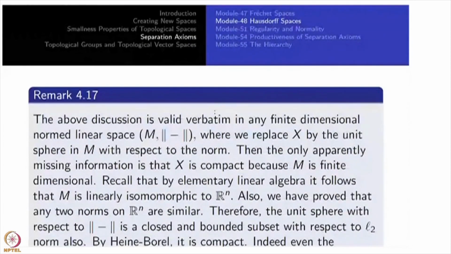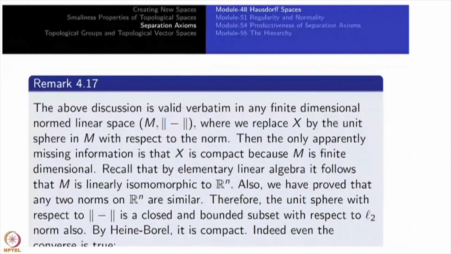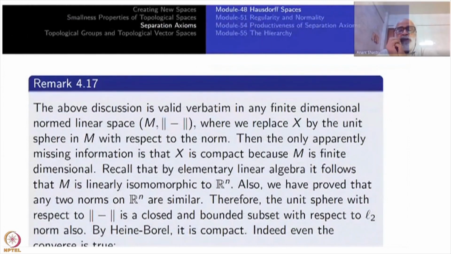Now, I want to do one more serious thing here. The above discussion is valid verbatim in any finite dimensional normed linear space M. So we are doing it in Rn, but the same thing holds for every normed linear space which is finite dimensional, where we replace X by the unit sphere in M with respect to the norm.